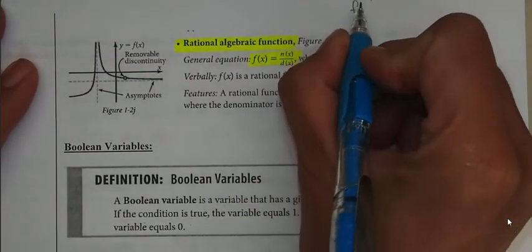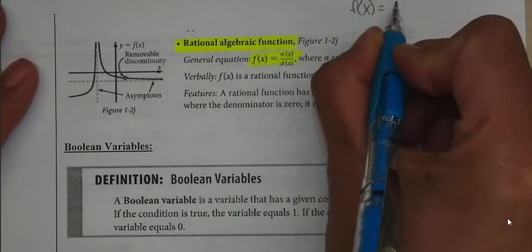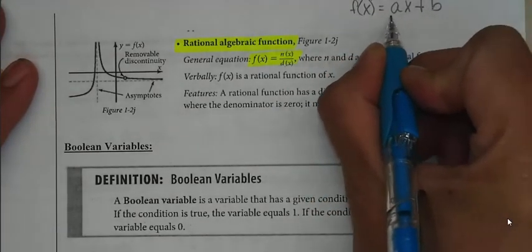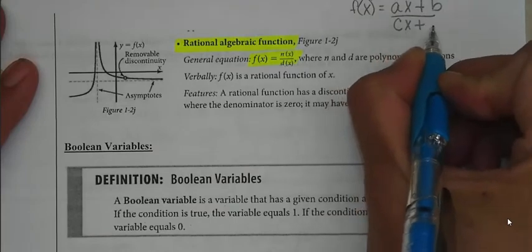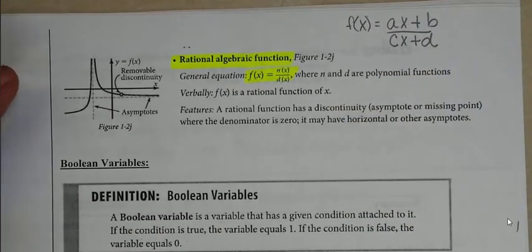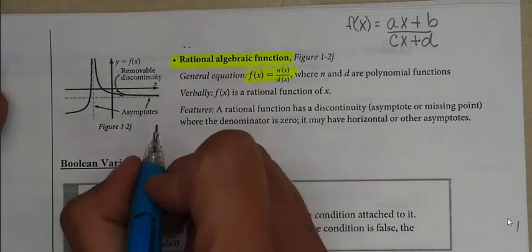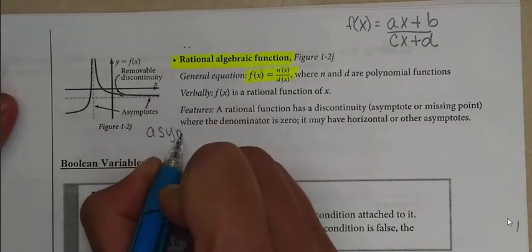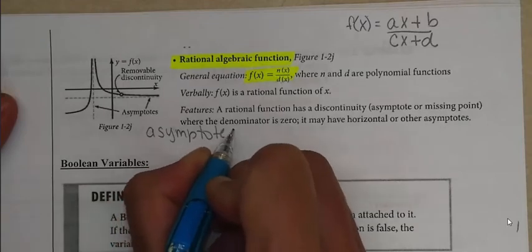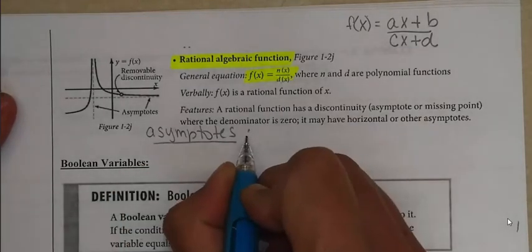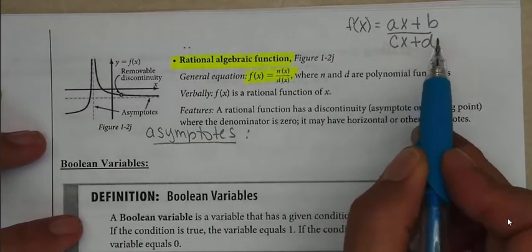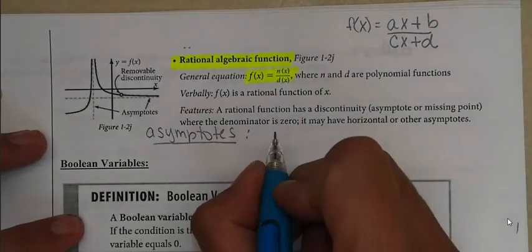So we would have something that looked like this, and we found our asymptotes in a similar way. So the vertical asymptote was going to come wherever it was undefined. So again, setting that denominator equal to 0.